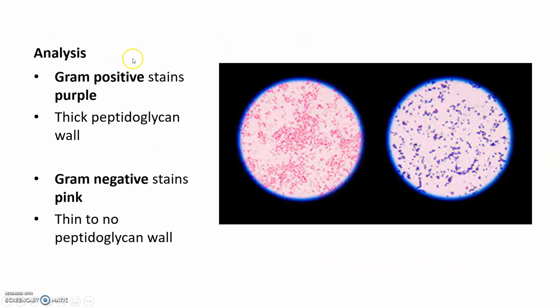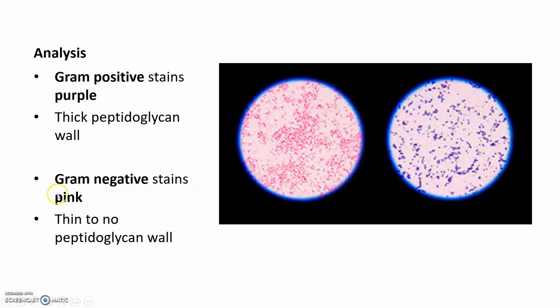Okay, so what does all of this mean? It's all well and good to just know how to stain it, but what does it mean? Well, gram-positive stains purple. What that means is it has a thick peptidoglycan wall. So, purple, positive, peptidoglycan. I don't know if that might help.